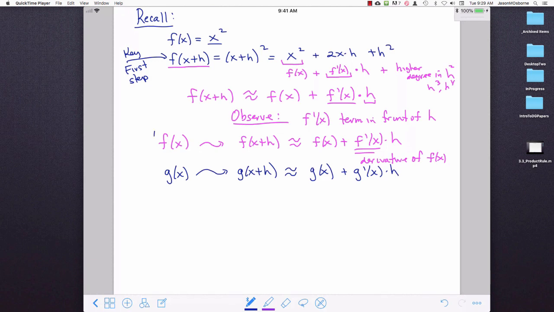So if you want to find the derivatives of f and g, might be a good idea to think about putting in f of x plus h and g of x plus h. So if you're given a function, then you could do this process to find the derivative. Do the expansion g of x plus h and look for the term in front of the h. And this works for polynomials particularly.